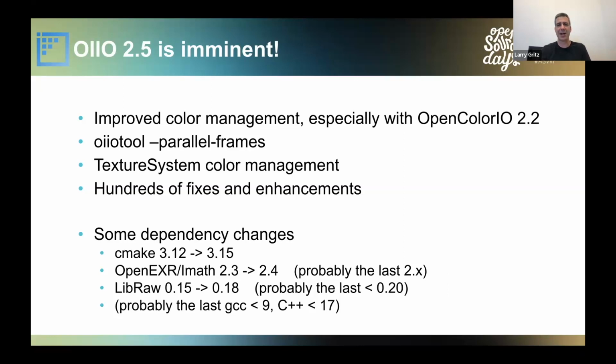Another thing I think is pretty interesting is, I talked about the frame number wildcards. And there is a new argument for the OpenImageIO tool now called parallel frames. The assumption here is if you use this, you're saying that the frames can be processed independently.